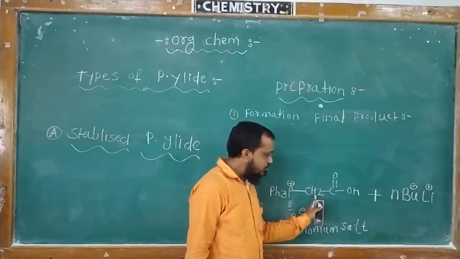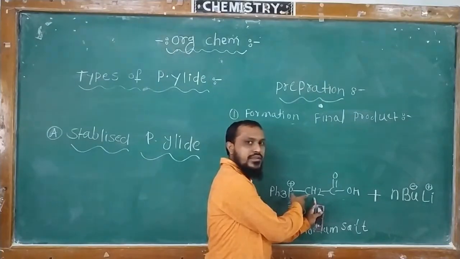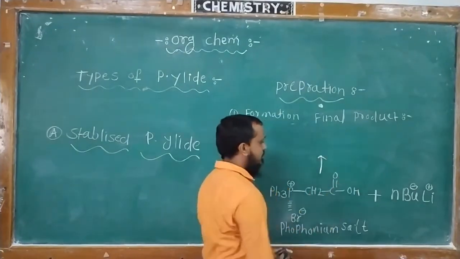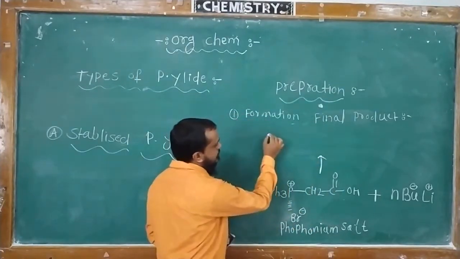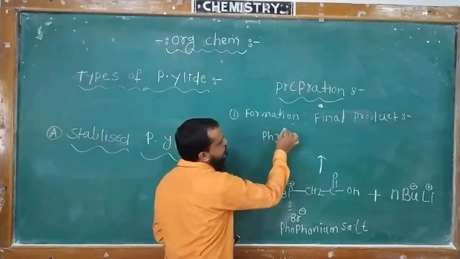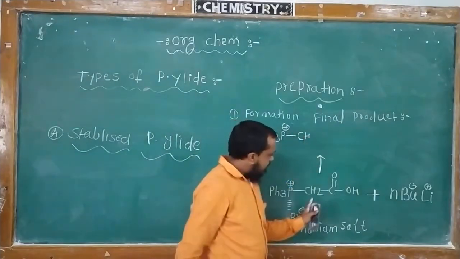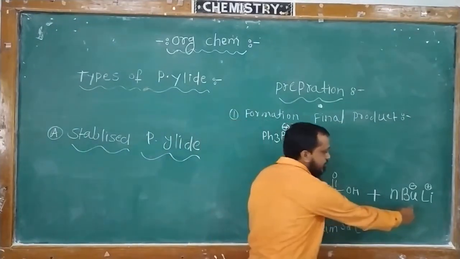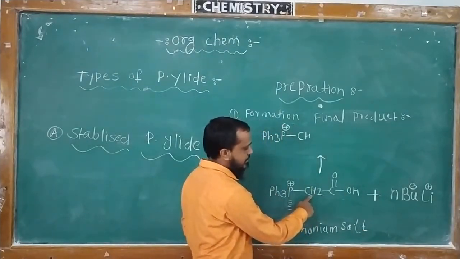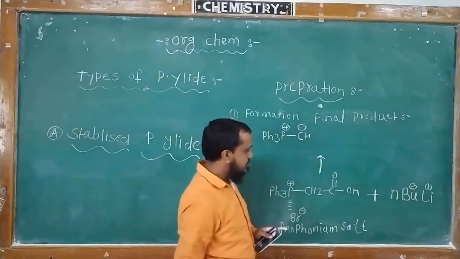Due to the loss of one proton from here, the carbon becomes a negatively charged species, and we will get our desired product like that: Ph3P positive, single bond CH. Here one hydrogen is removed, so only one hydrogen is present here, and the carbon becomes a negatively charged species.